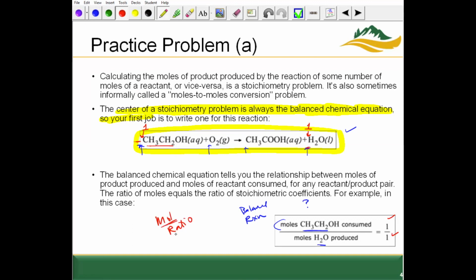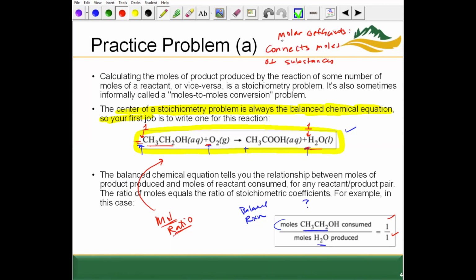So the ability to write out this mole ratio is the huge benefit we get from this balanced reaction. Now we can technically connect 1 mole of O2 for every 1 mole of ethanol, and 1 mole of O2 for every 1 mole of water. So for every 1 mole of O2 that reacts, 1 mole of water is produced.